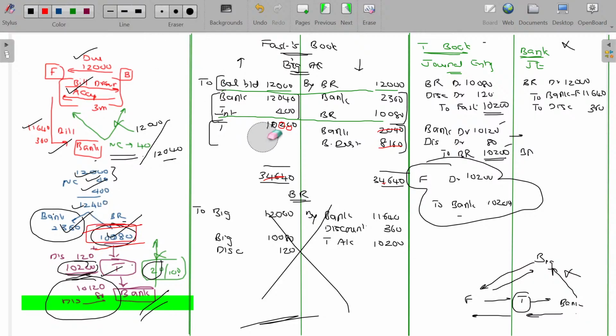Make a small correction here. 10,080 and 20% being recovered, 2,016. 8,064 not recovered. You can make the changes here, and simultaneously the entry here being F 10,200, bank 10,200. I hope this may be correct.